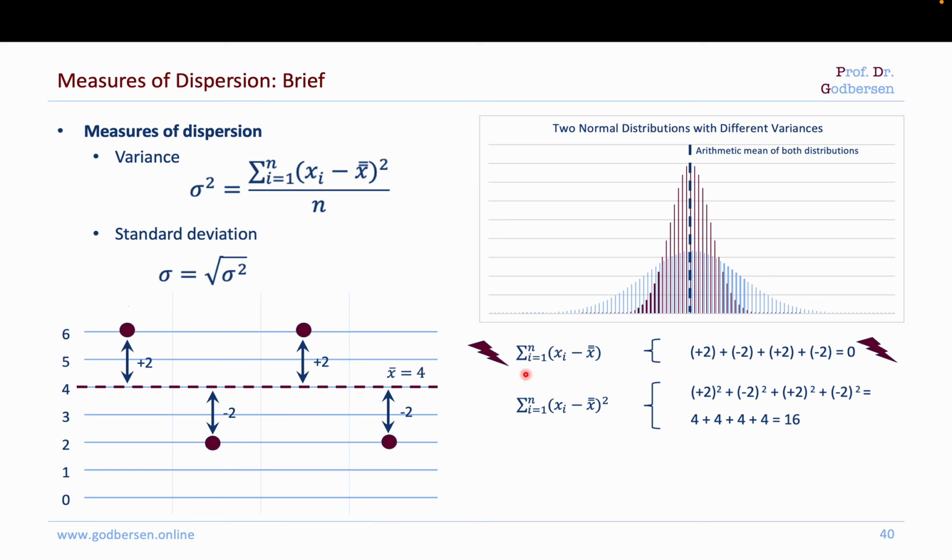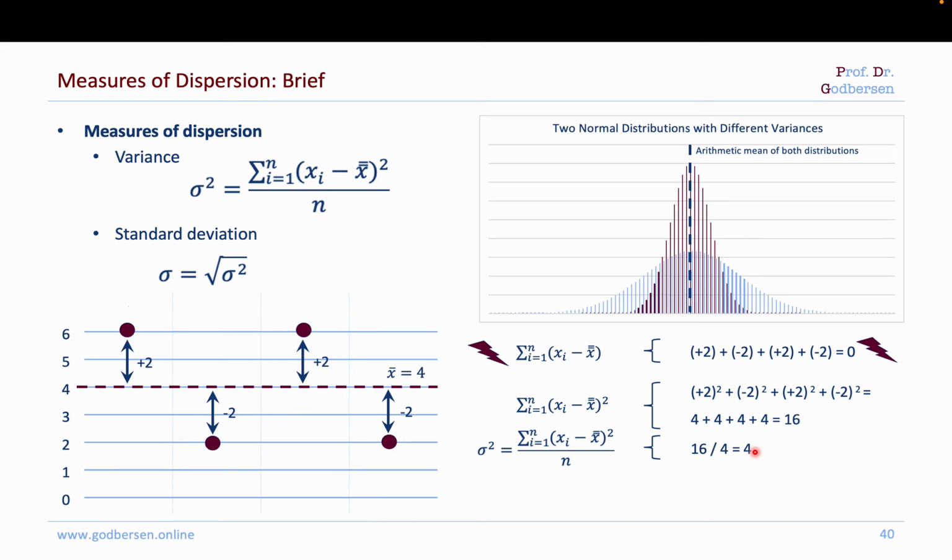Now we divide our 16 by the number of participants. In our case, it's 4. So 16 divided by 4 is 4. And that is the equation of the variance. Now we have a variance for this data of 4.